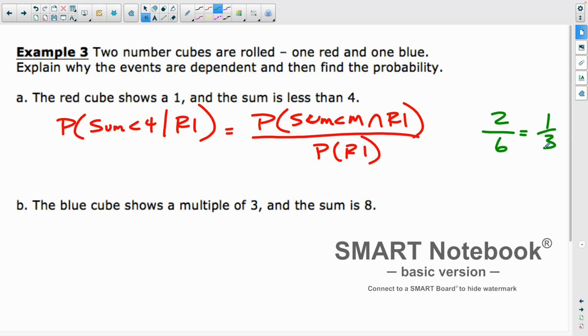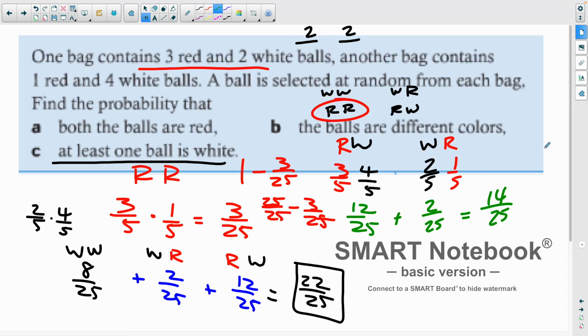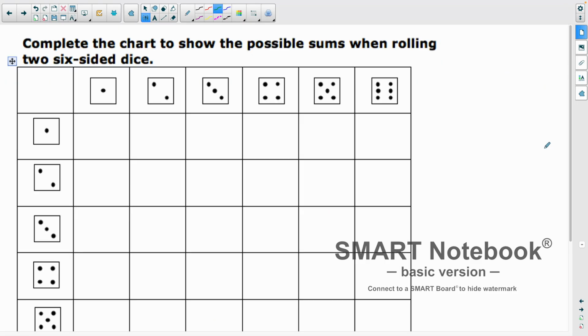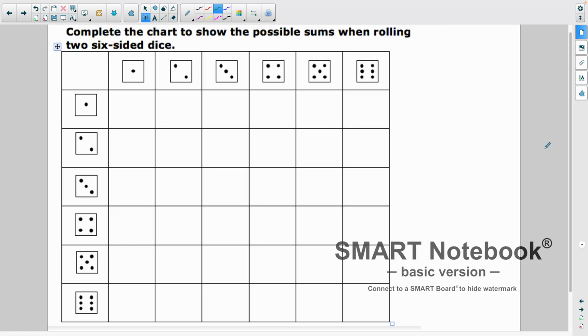Now, I'm going to work the formula for this one as well. So if I were to do this, I'm going to go back to this picture from yesterday. We drew the sample space diagram yesterday. The probability of the given goes on bottom. What is the probability that I roll a red 1?